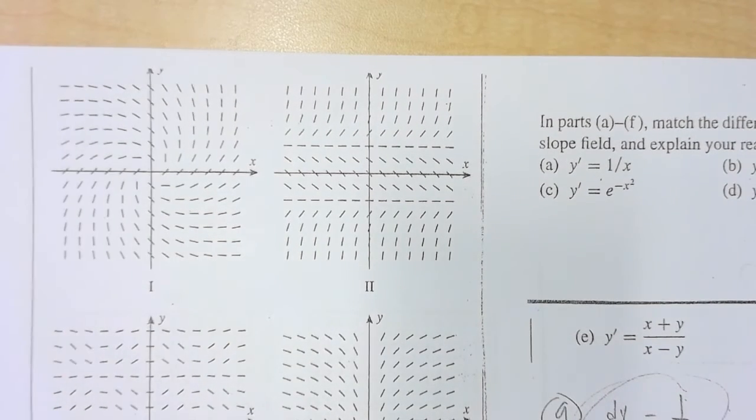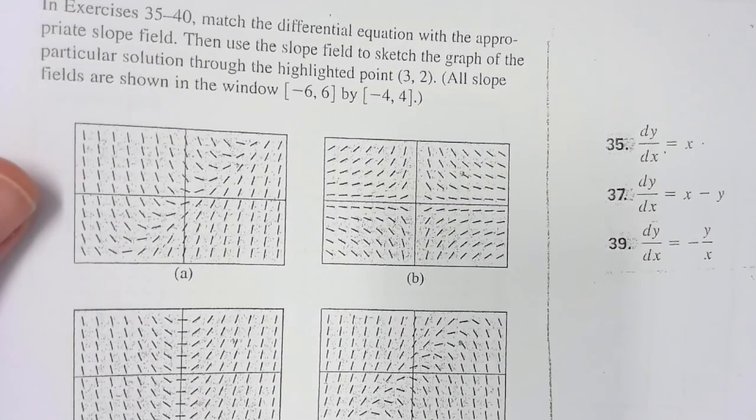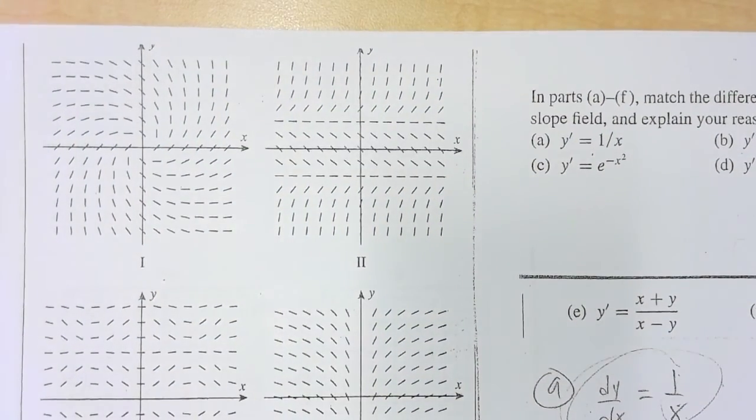So you want to match them up. There's 6 on the front, 6 on the back. So why don't you go ahead and try those, and then see if you can get them right. That way you kind of understand the concept here. It's more the slope field that is the concept, because then we're going to do the algebra part of the slope field next.